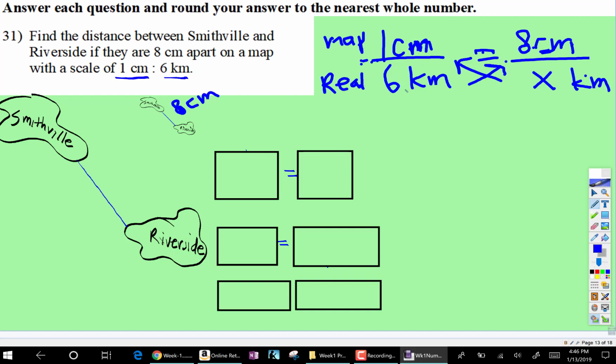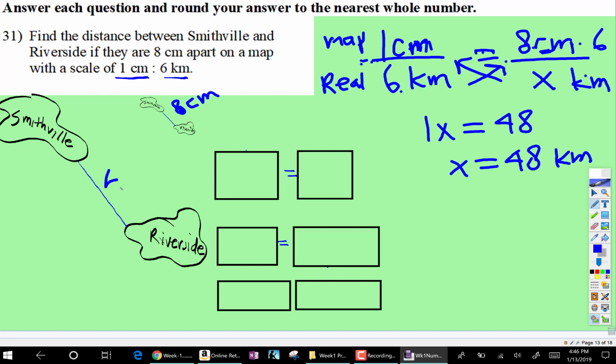So 1 is to 6 as 8 is to x, and then I'm going to have 1x is equal to 8 times 6, which is 48. Well, 1x is x. So that's going to be 48 kilometers, which means if they're 8 centimeters apart on a map, in actuality, they're 48 kilometers apart.